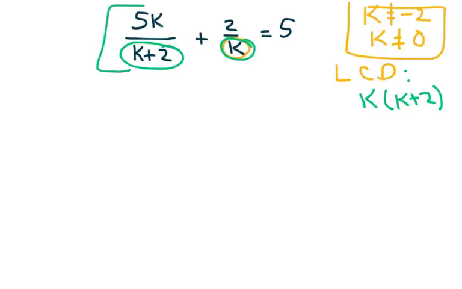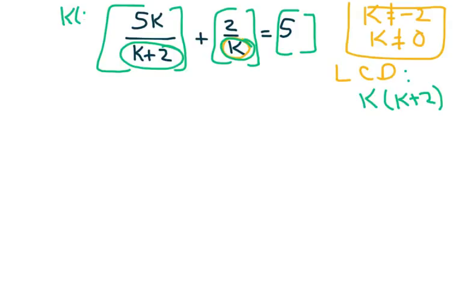So I'm going to multiply each piece by k times k plus 2. And I want to put this one on this side. Anyway, what happens?